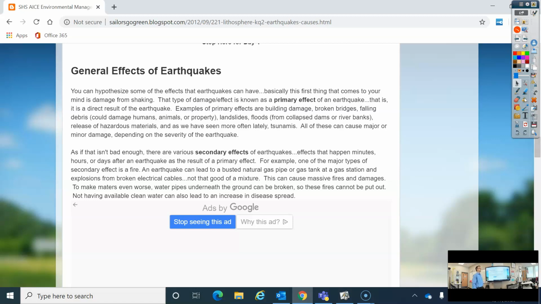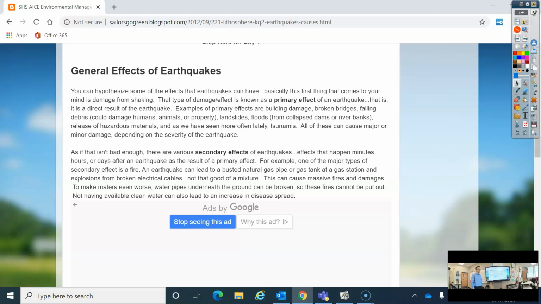So anything that comes from the actual earthquake itself is going to be a primary effect. So landslides, also floods, release of hazardous materials, tsunamis themselves, the actual generation of the tsunami can be a primary effect of an earthquake. All of those can cause major or minor damage depending on the severity of the earthquake.